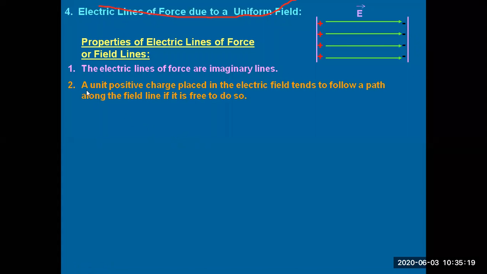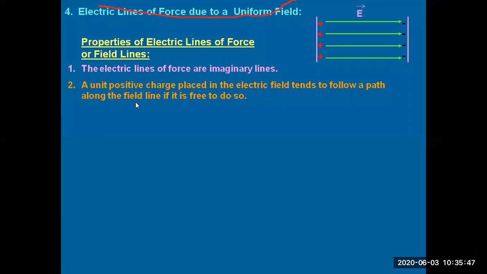Second point, a unit positive charge placed in an electric field will tend to move along the path where the electric field is acting. So what you have to remember is a unit positive charge placed in the electric field will follow a path along the field line.